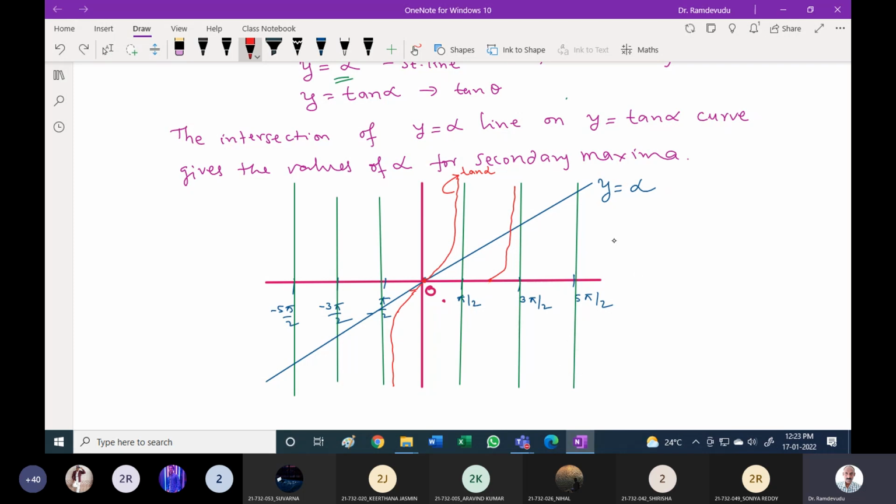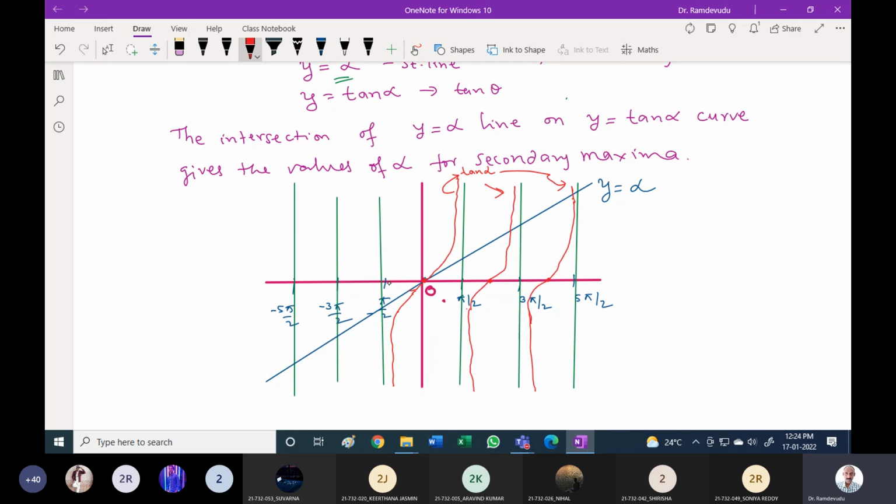So the tan curve comes here and becomes infinity at this position. Similarly, if I draw another curve at 3π/2 and 5π/2, the tan curve becomes infinity. Here also the curve comes and at this position becomes infinite. These are nothing but tan alpha curves.